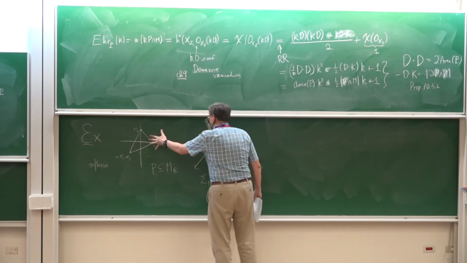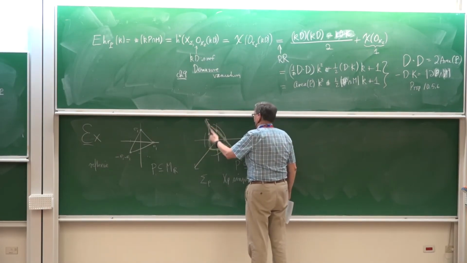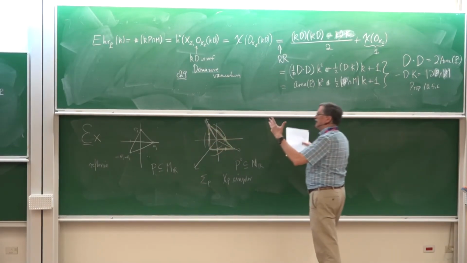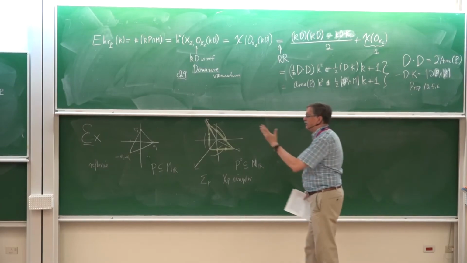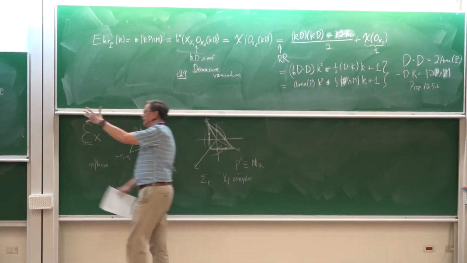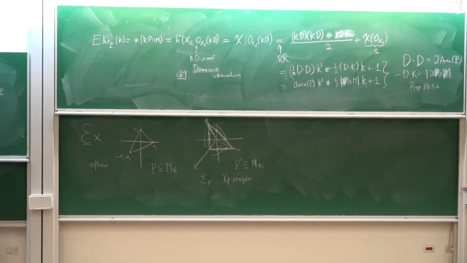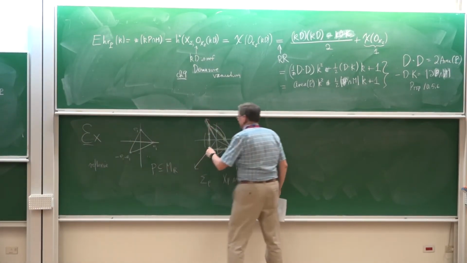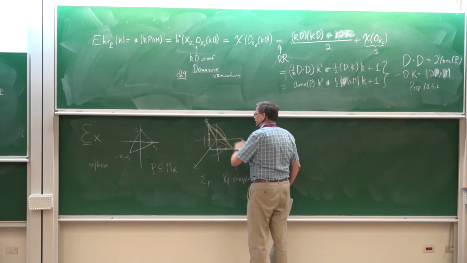So the fact that this guy's reflexive and this guy's reflexive basically says that normally I'm not really sure how to get my resolution of singularities. You have to go compute continued fractions and stuff like that. But here, because we're in the reflexive world, I just use the lattice points on the boundary.